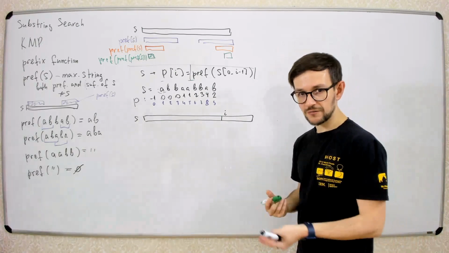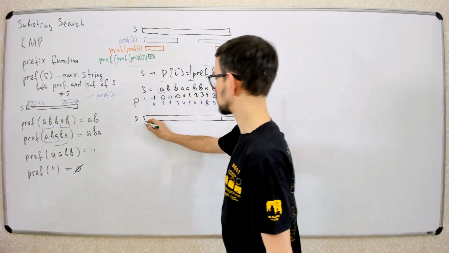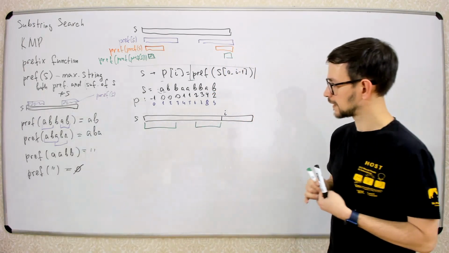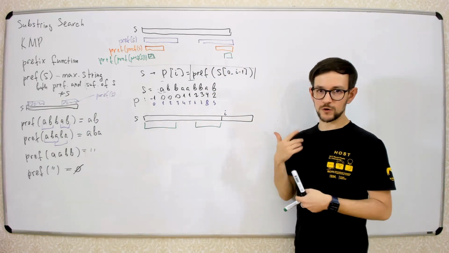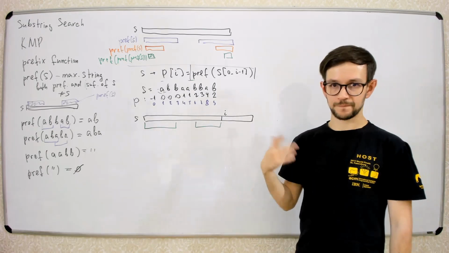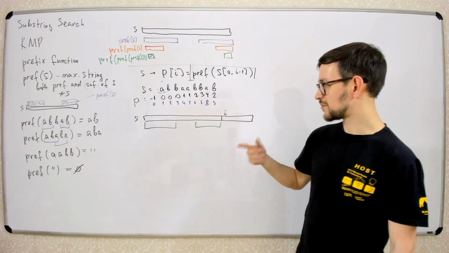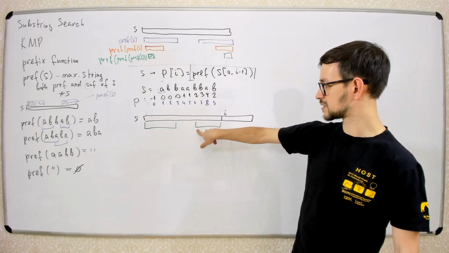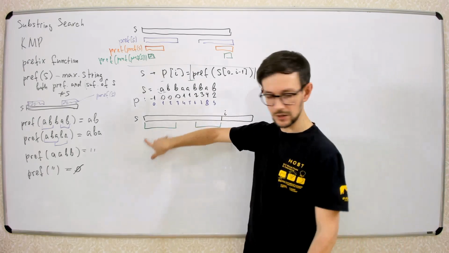The prefix function of some prefix is just some string. So I need to find this string equal to this string, some string which is both here and here. So I need to find the length of this part which is the same here and here.